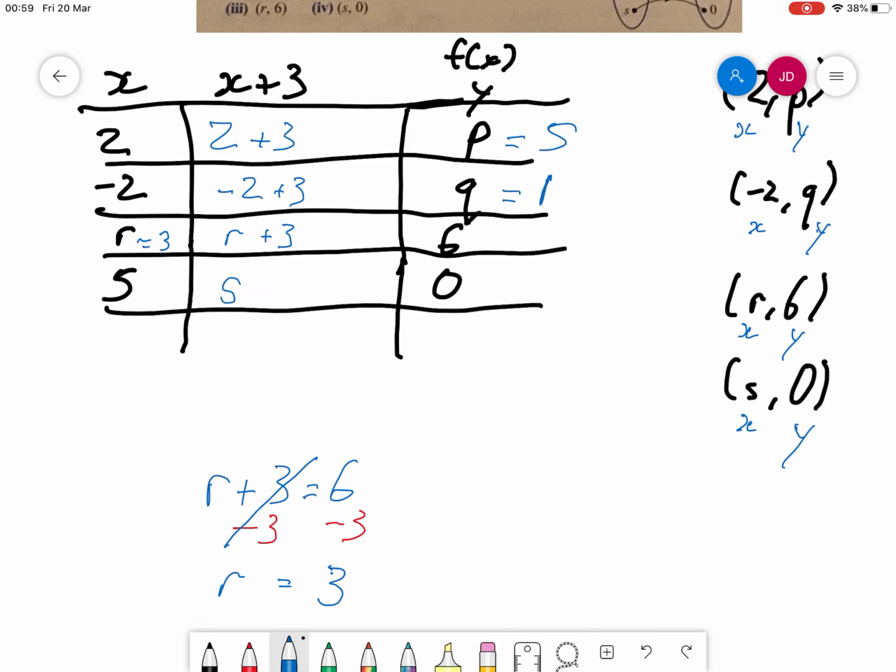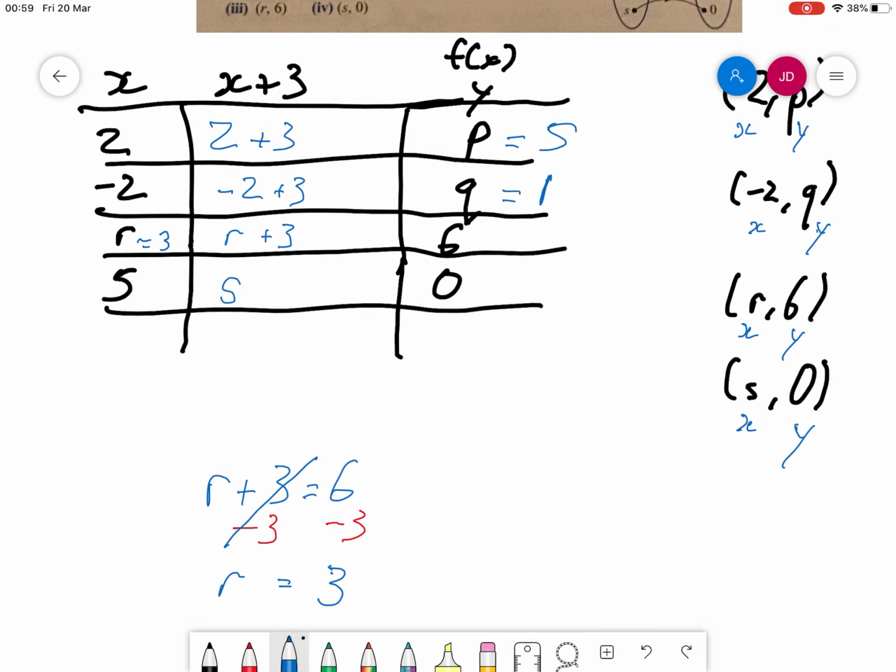I need to get s by itself, so I need to move the 3 to the other side of the equals. So I'm going to subtract 3 from the left-hand side, and whatever I do to the left side, I do to the right side, because I need to keep it balanced. So I'm going to subtract 3 from there as well. That leaves me with s on the left-hand side, because the plus 3 minus 3 cancel out, is equal to, well, 0 minus 3 is minus 3. So s is therefore going to be equal to minus 3.